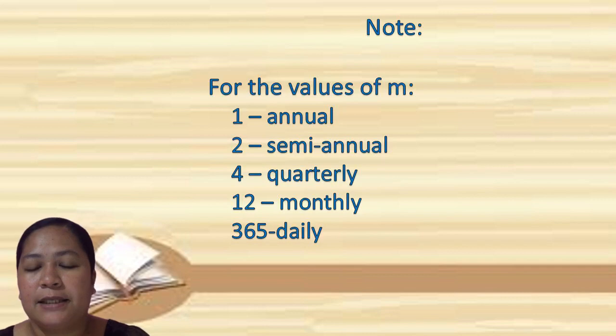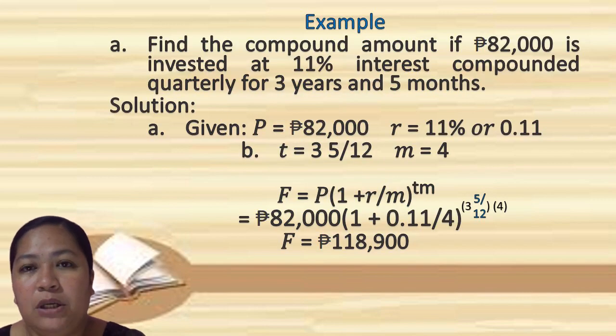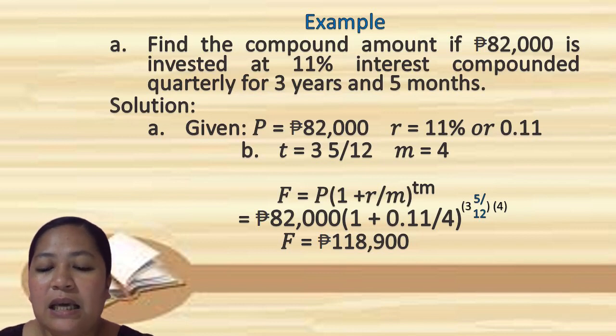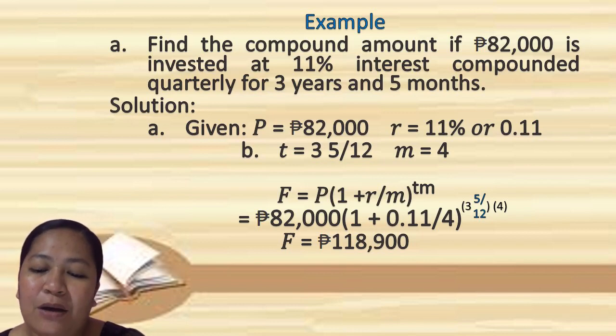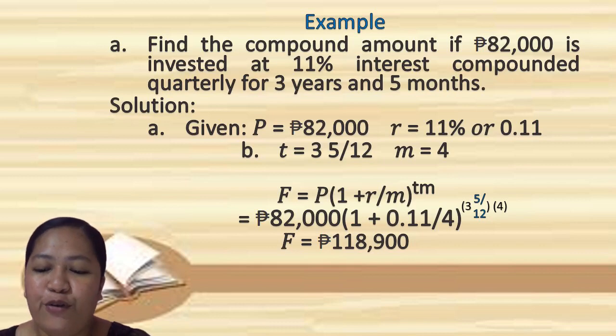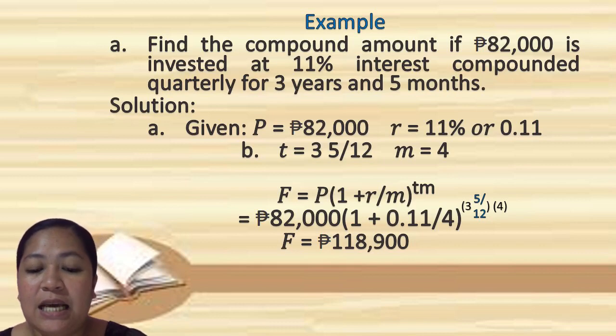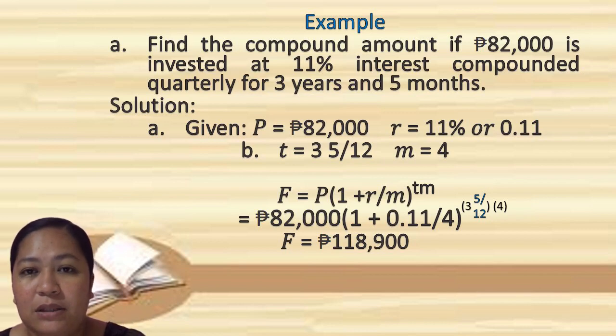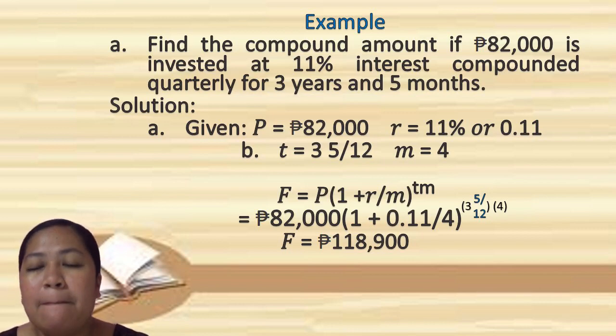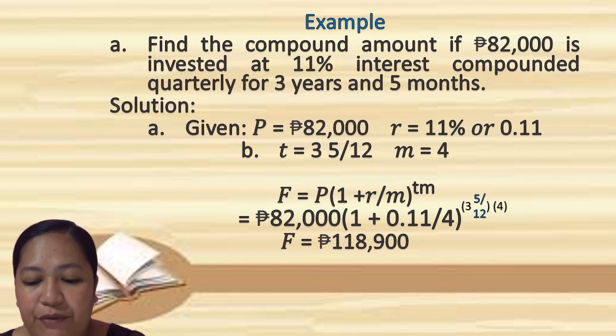Understood. Okay, next. Example here. Find the compound amount if 82,000 is invested at 11% interest compounded quarterly for 3 years and 5 months. Let's take note of this, okay? The amount is 82,000 for the principal. The rate is 11%, or that's 0.11.